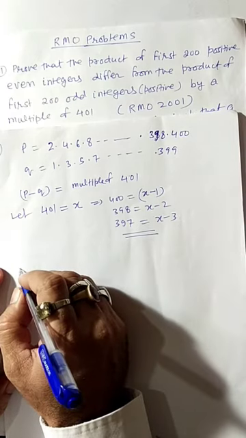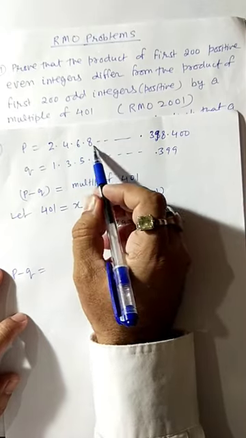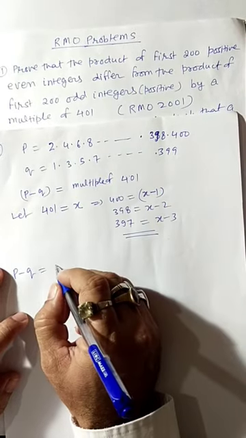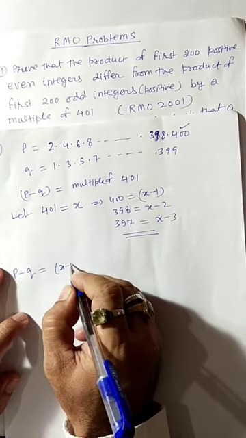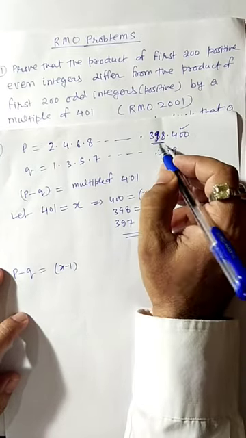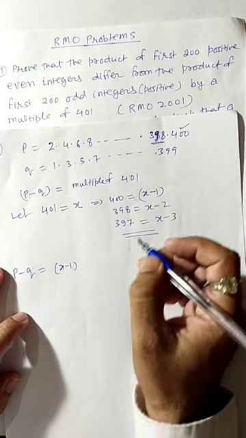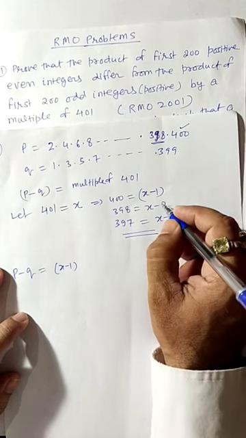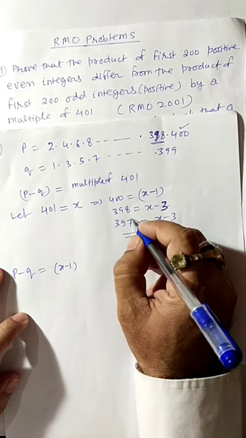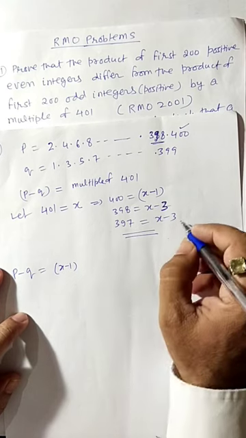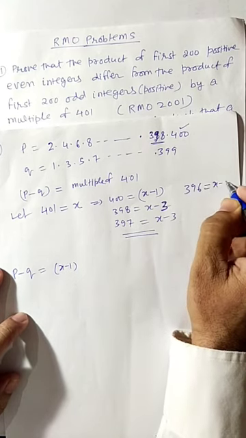Now come to P minus Q. Your P means 2 into 4 into 6 up to 400. For this 400 we can write x minus 1. 398 is x minus 3, or 396 is x minus 5.